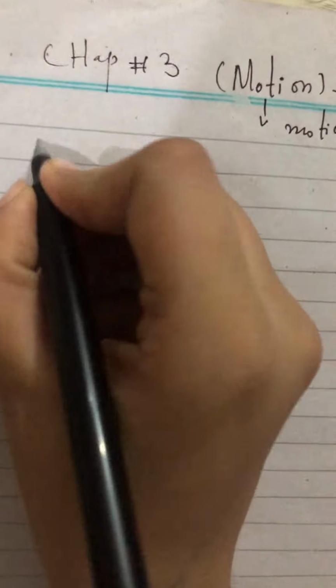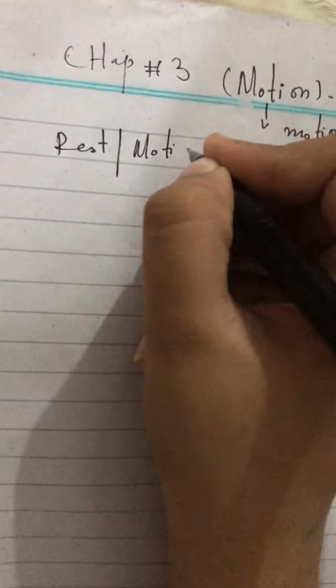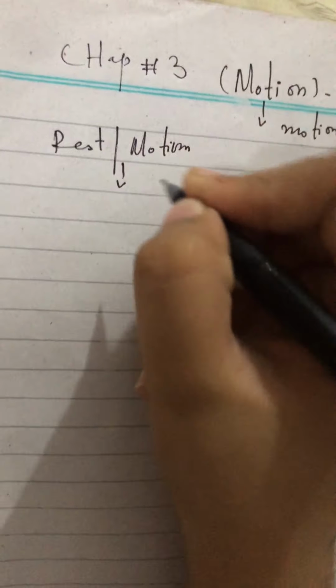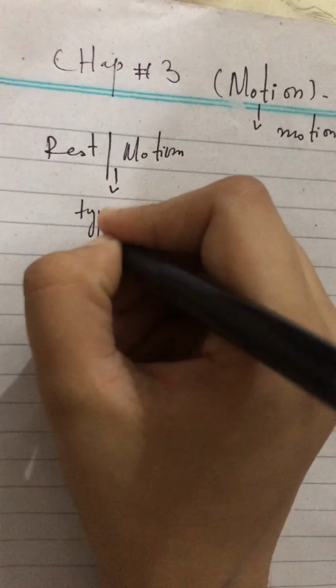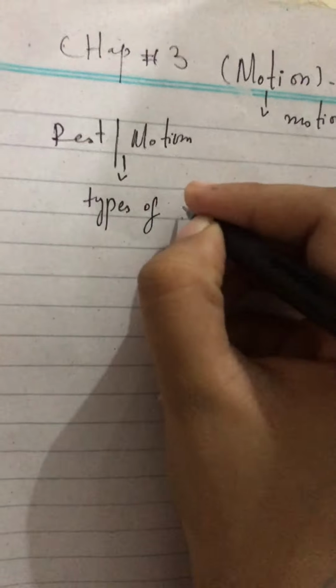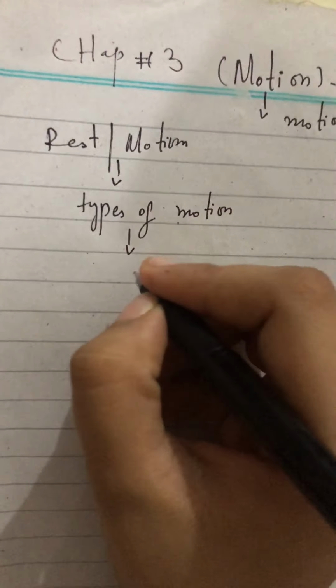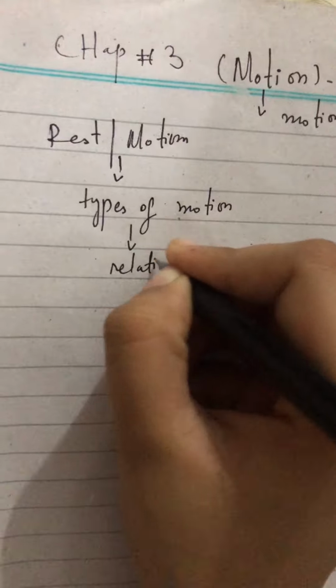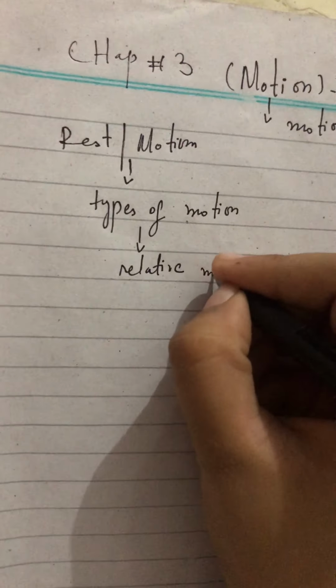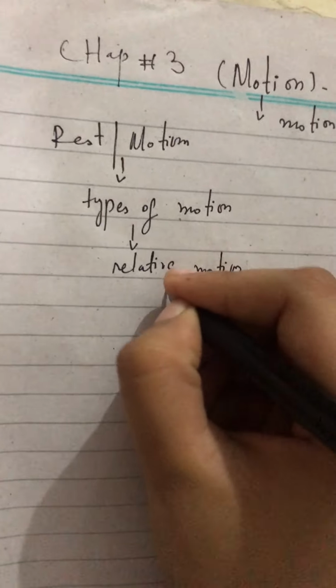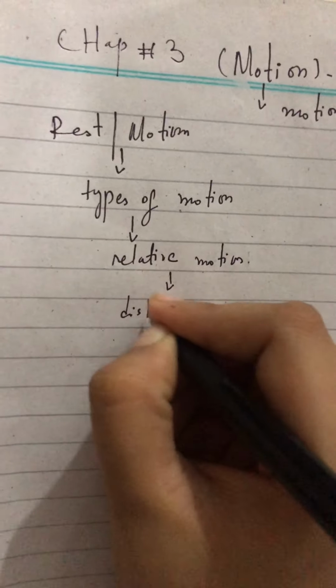Now, what we will be learning in this chapter: first of all, what is rest and what is motion. After that, types of motion. After that, relative motion. Then distance and displacement.